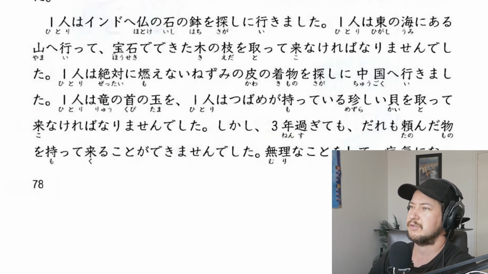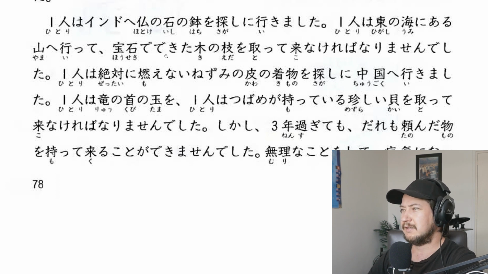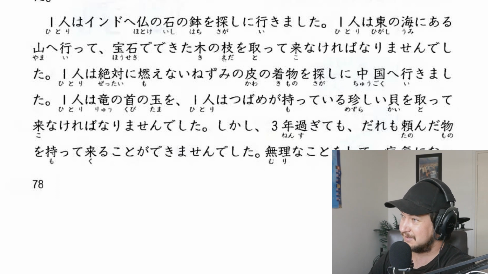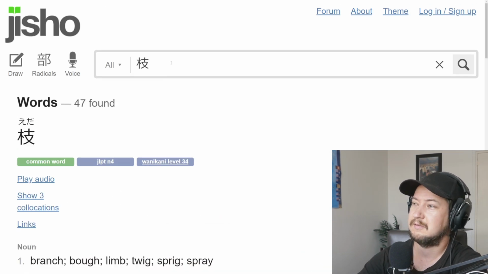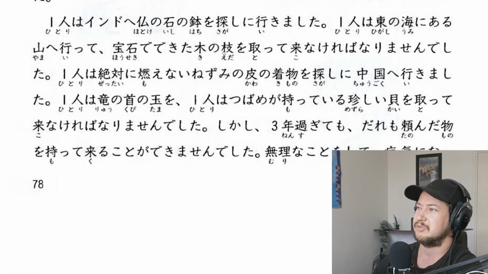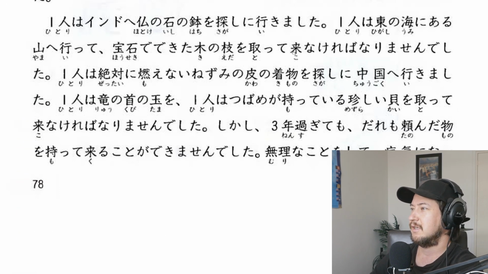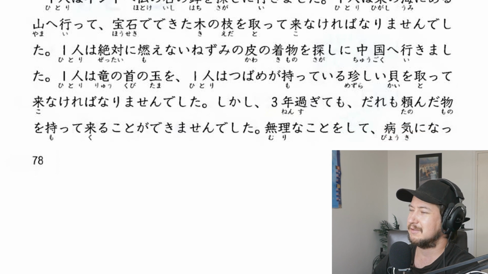Gem, jewel, okay, precious stone. So there was a certain tree and there was this, 枝, branch, tree branch. And so he took it, 取ってこなければなりませんでした. So he had to go and take this tree branch, and somehow it had some gem on it, like a jewel.